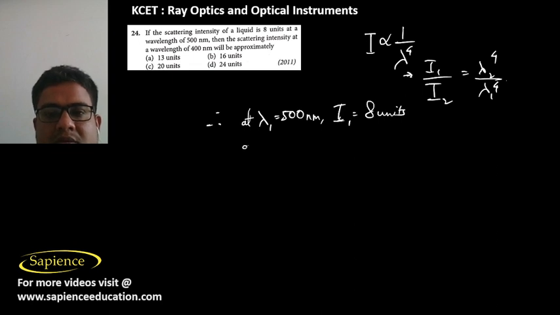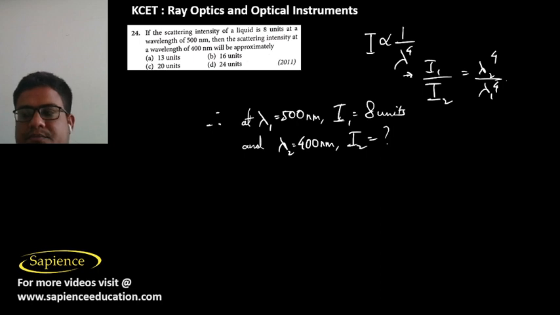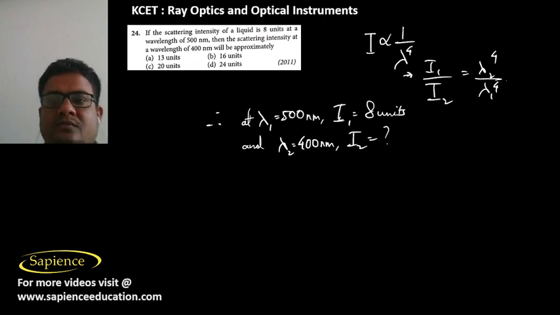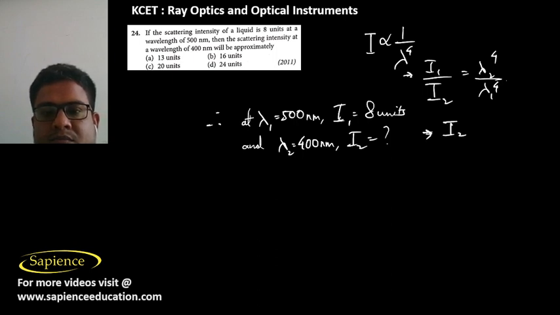I1. And so I2 will be how much when lambda 2 is 400 nanometer. So here I2 has been asked.